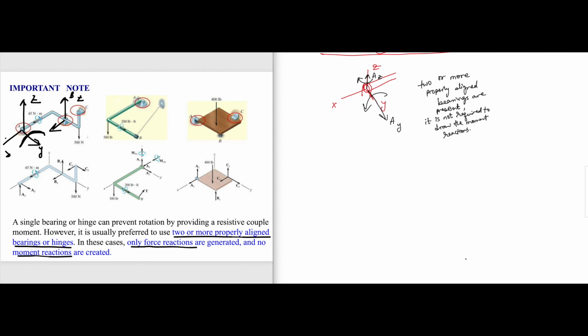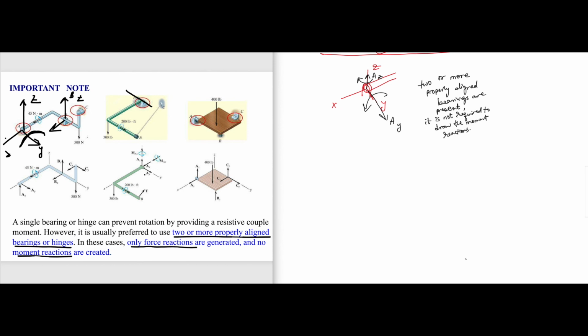But if we have only one, for example, look at the case here, you only have one hinge. Yes, this is the hinge. This is the only support present in the system that has to prevent the system from rotation. Now, this one here allows free rotation with respect to that axis, isn't it? With respect to this axis, you can freely rotate like that.